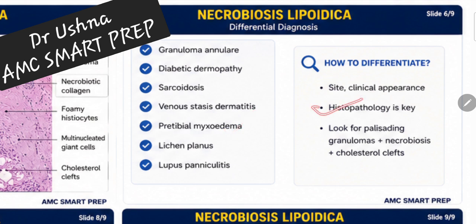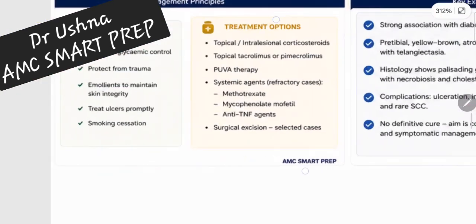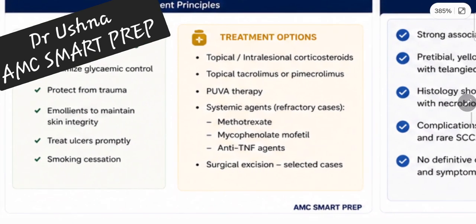So histology is very important, site is very important, typical location is very important, and the clues which we have looked for, cholesterol clefts and the necrobiosis and palisading granuloma, these are the things that will make it clear that this is a patient of necrobiosis lipoidica, not any other condition. Then if you have made the diagnosis clearly, what are the treatment options?